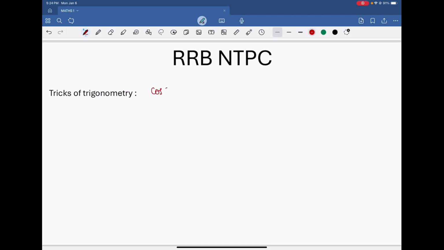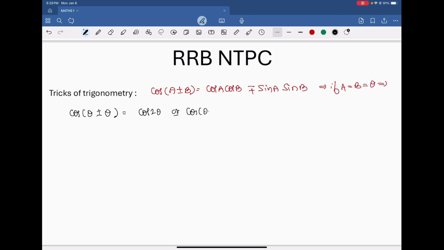Cos A plus or minus B is equal to cos A cos B minus or plus sin A sin B. This implies, if we assume A is equal to B is equal to theta, then cos theta plus or minus theta we can say, cos theta plus theta is equal to cos 2 theta, cos theta minus theta is equal to cos 0.